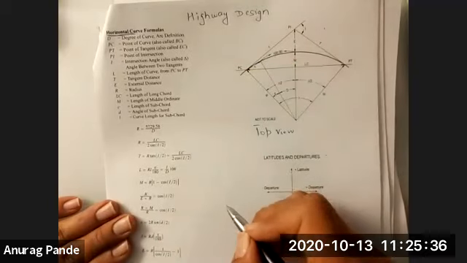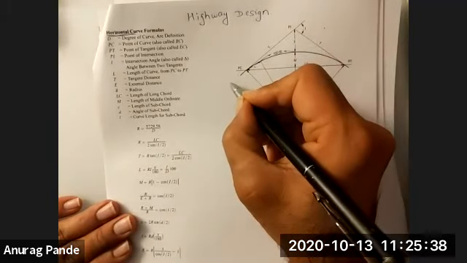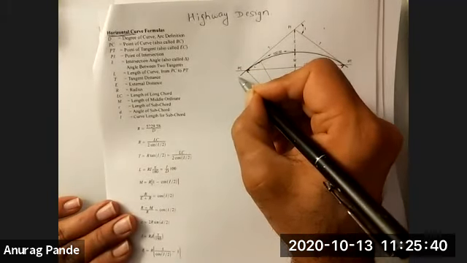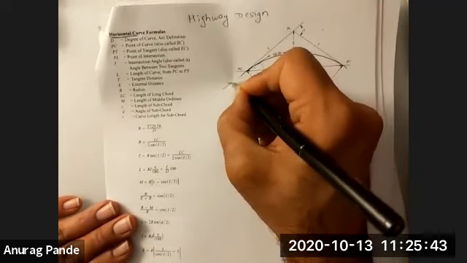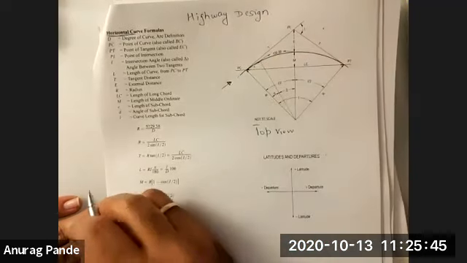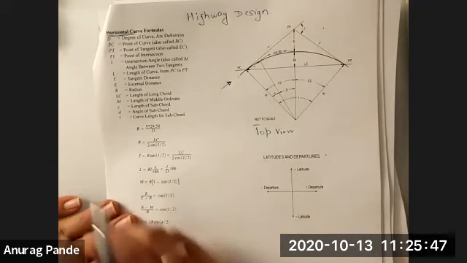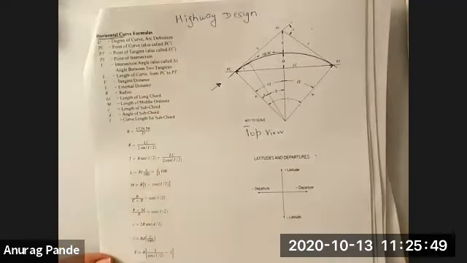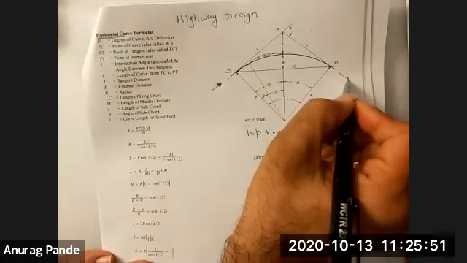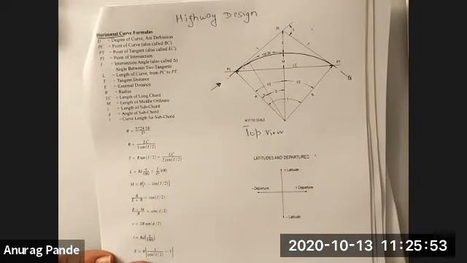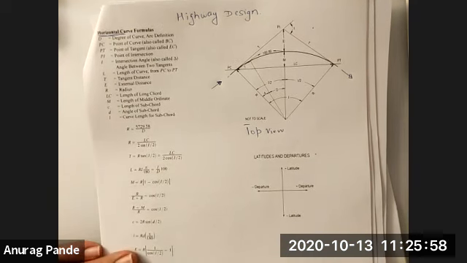So this is a typical horizontal curve. In a typical horizontal curve, you have an initial tangent, your initial direction of travel. And then when you move along, this is your final direction of travel. Now, how do you achieve transition between them?